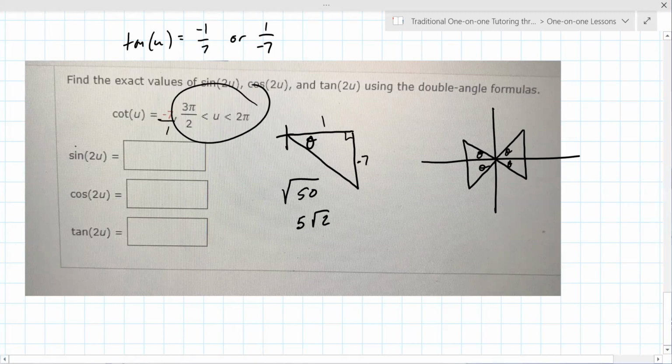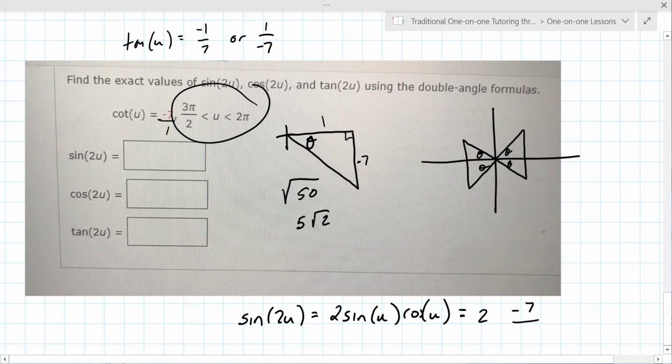So for the rest of these, you need that reference thing that I grabbed earlier. So the sine of 2u, that's the easy one. It's 2 sine u cosine u, and relatively easy compared to the other ones. You take the values. So it's 2 times sine of theta is -7 over.